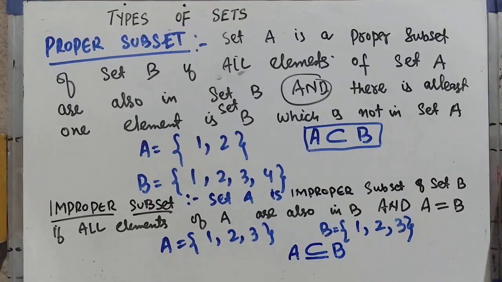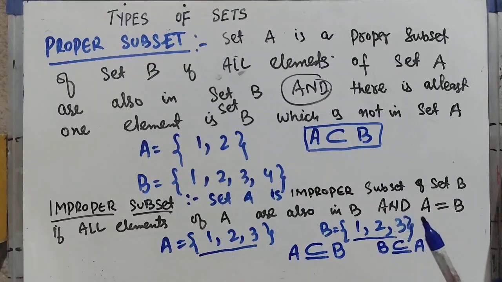Here B contains all the elements which are in set A, and we can also say B is a subset of A. So we say set A is an improper subset of B if all elements of A are also in set B, and A is equal to B. That means the number of elements in A is equal to the number of elements in B.